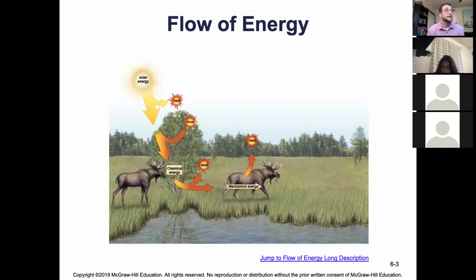Then the plants that absorb that energy, a lot of it is transferred into a stable molecule, in the case of plants, glucose. But still, most of it is released as heat because it requires heat to be released to actually form glucose.